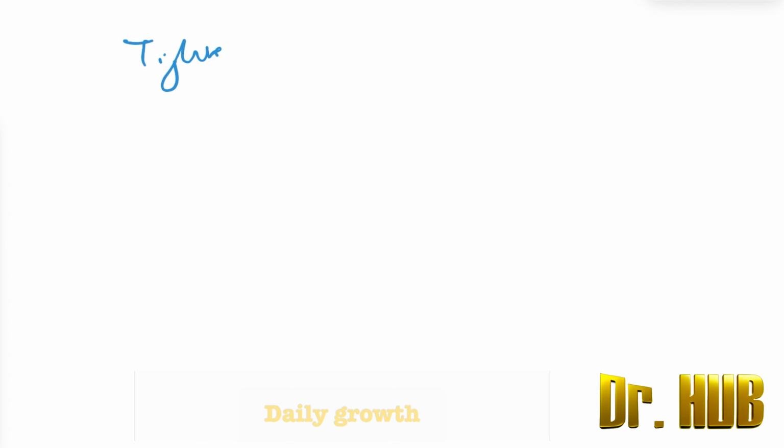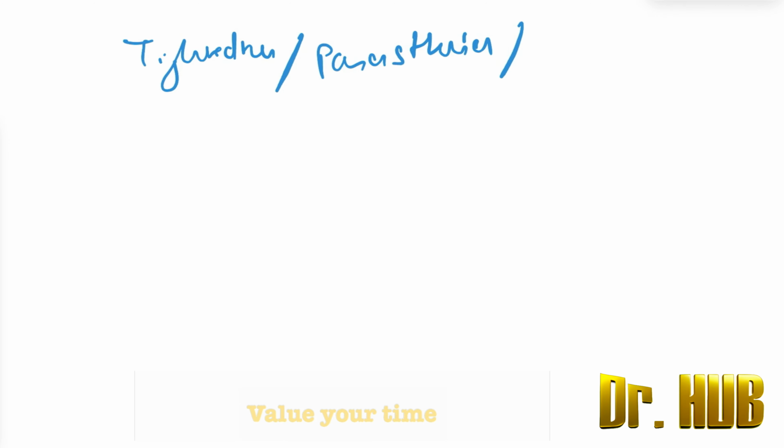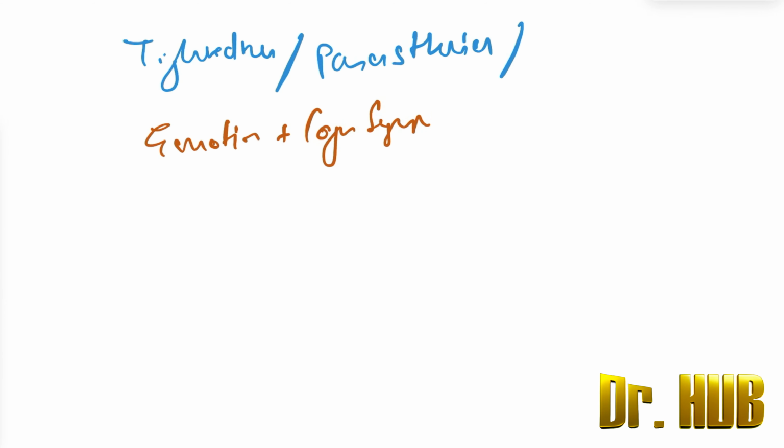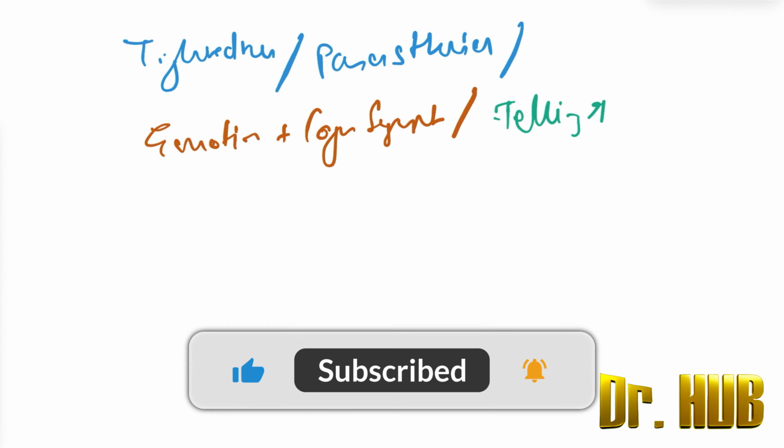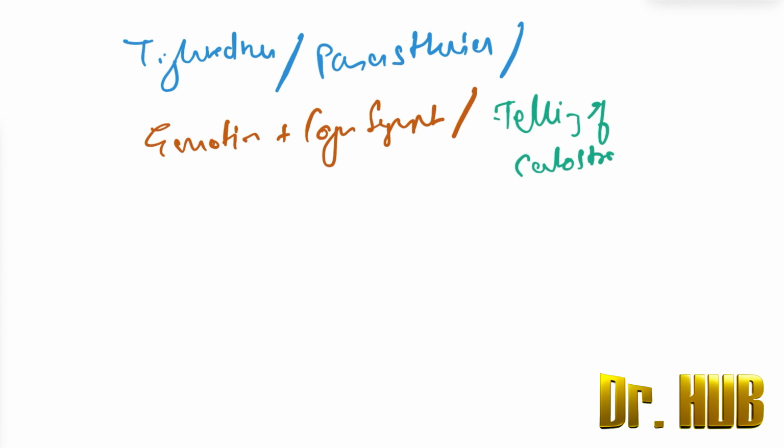There can be paresthesia. There are emotional and cognitive symptoms, as well as a feeling that something catastrophic is going to happen, a feeling of catastrophe. So all these, greater than 4, can indicate the panic attack.